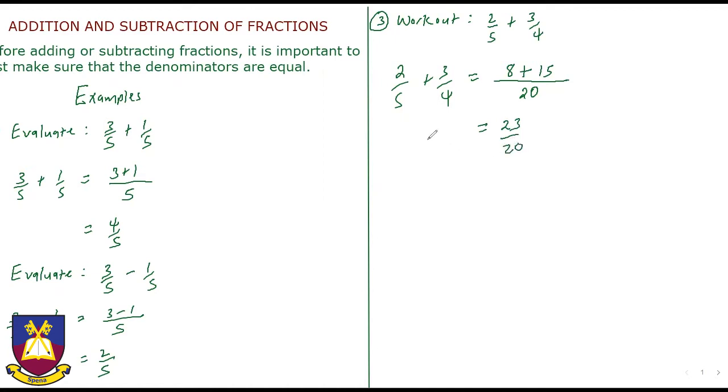It's more convenient to express our answer as a mixed fraction. 20 goes into 23 once, leaves a remainder of 3. So if we convert to a mixed fraction, this is what we get.